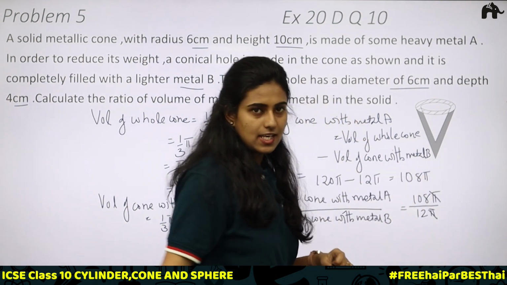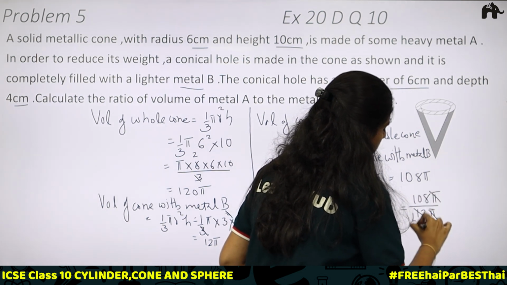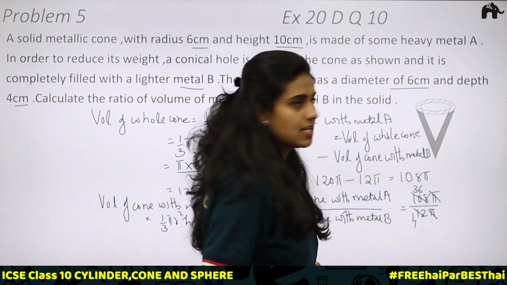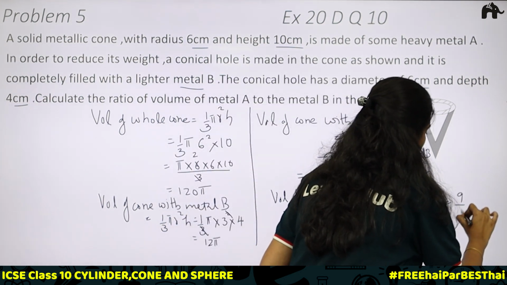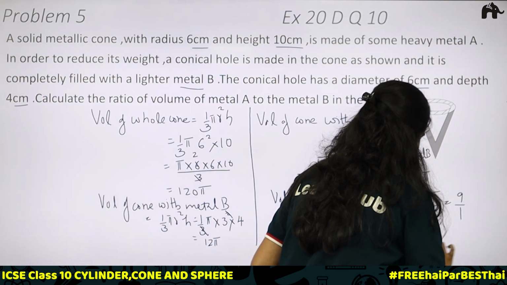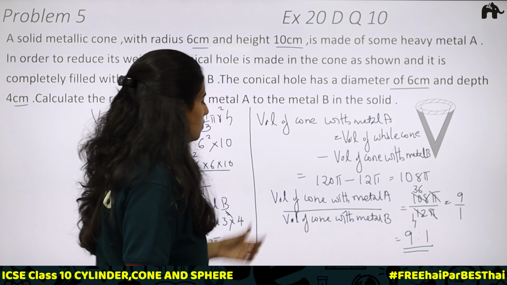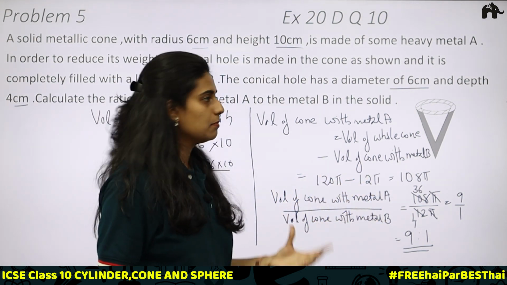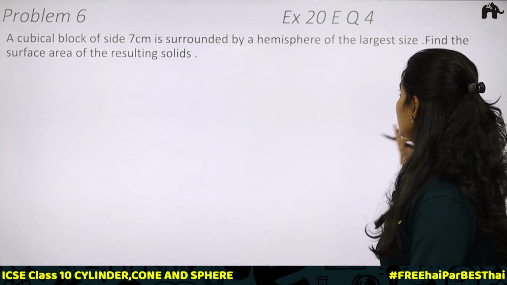Pi and pi get cancelled. 3 into 4 is 12. 3 into 36 is 108. 36 by 4 is equal to 9 divided by 1 and the required ratio is 9:1. Okay, so 9:1 is the ratio of volume of cone with metal A to the volume of cone with metal B. Clear?